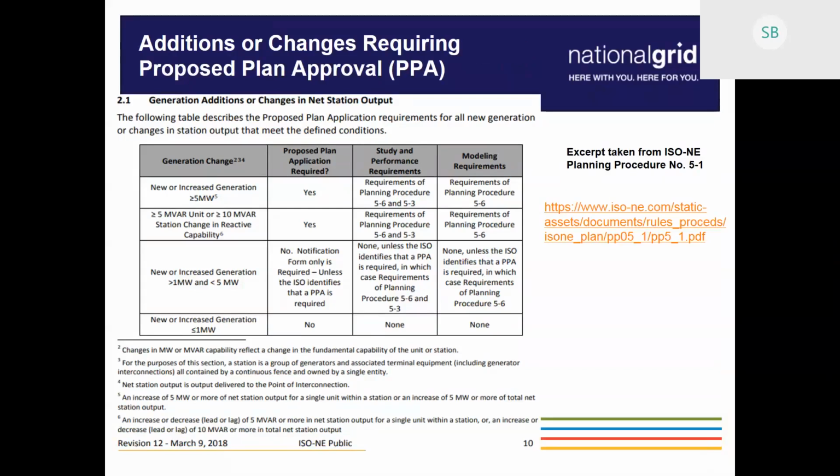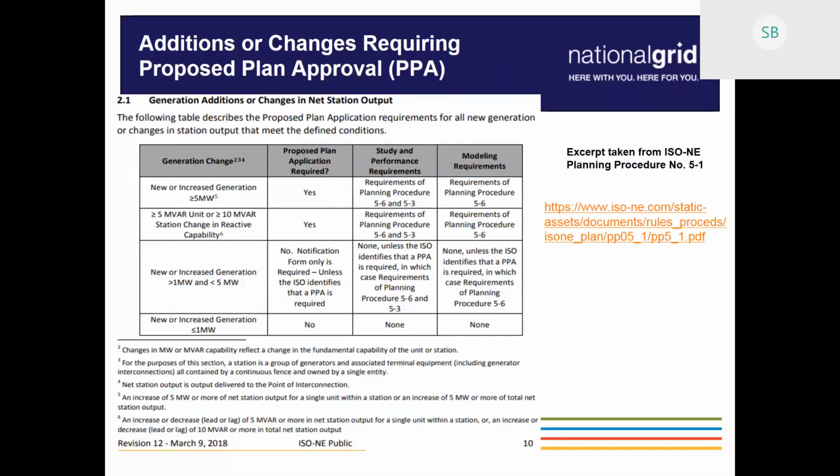I just want to highlight that this section is an excerpt from Planning Procedure 5-1. When we look at the sizes, the way that ISO has this written, based on footnote 3, for purposes of a station, ISO says that it encompasses a grouping of generation and terminal equipment that are within a continuous fence.